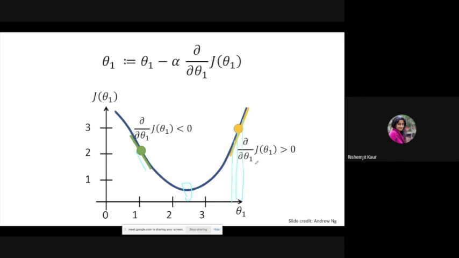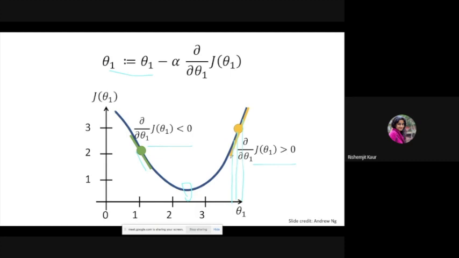So if you're around here, our gradient value will be positive, greater than 0. Sorry, in this region, our gradient is positive. So we are ultimately decreasing the value of theta, because here we have a negative sign.